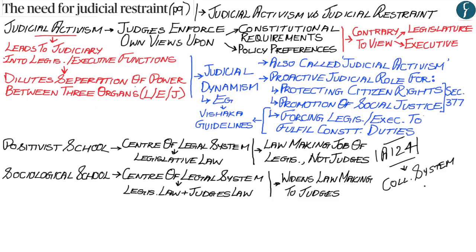It was in the second judges case of 1993 and the third judges case of 1998 that the judges of the Supreme Court created the collegium system of appointment of judges. Now, any form of lawmaking with regards to appointment of judges given under Article 124 is the responsibility of the legislature. It is in that regard that the Indian Parliament passed the NJAC Act, the National Judicial Appointments Commission.